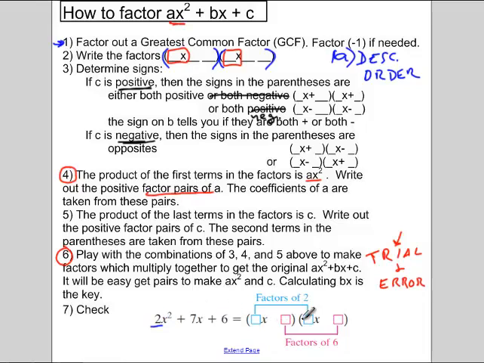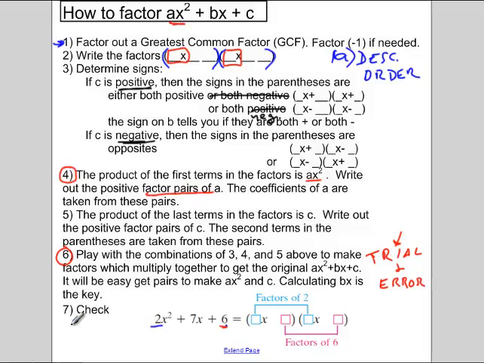This number times that number, again, if we're foiling things out, the last terms multiplied together don't combine with anything as like terms to get us that 6. So this 6 is factored out over here. And then when you know the factors of 2 and the factors of 6 and you write them all down, then you can start doing the trial and error.